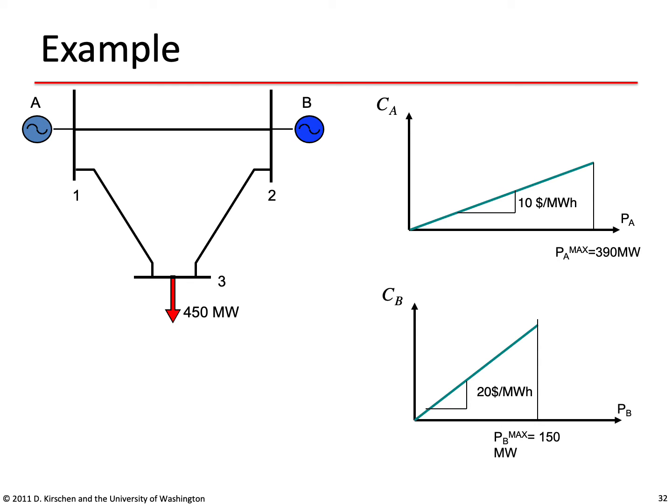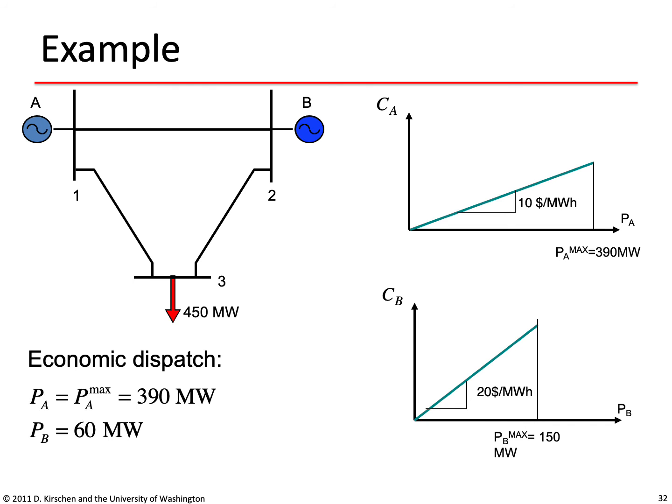Generator B is more expensive. The marginal cost is $20 per megawatt hour, and B can produce a maximum of 150 megawatts. If we do an economic dispatch for this example, well, because A is so much cheaper than B, A will produce its maximum power, 390 megawatts, and B will produce 60 megawatts.